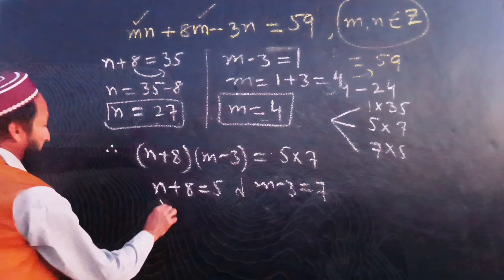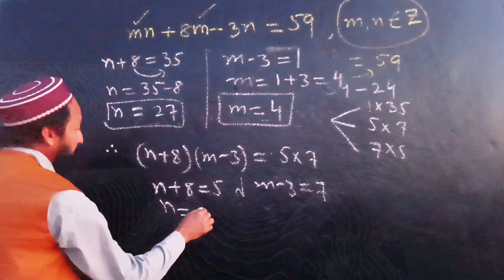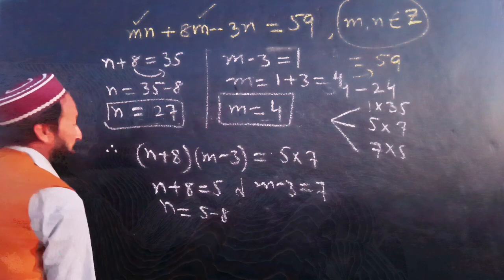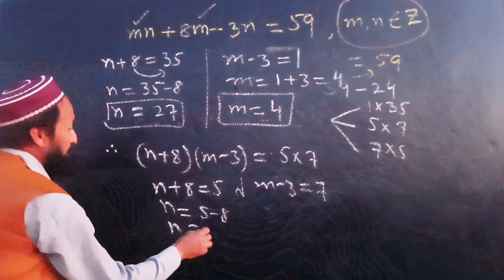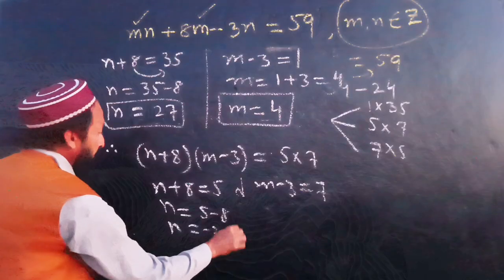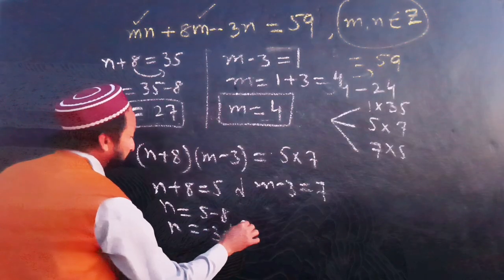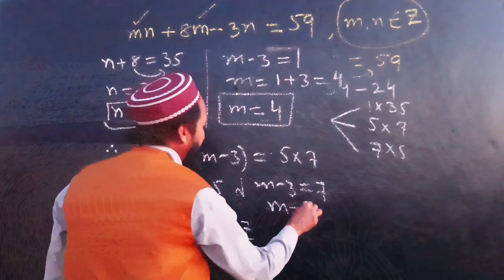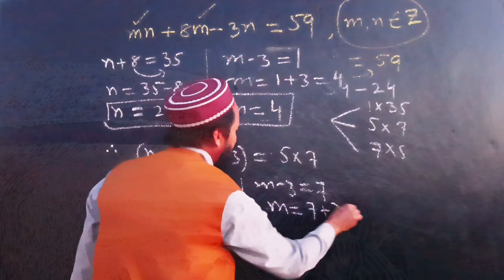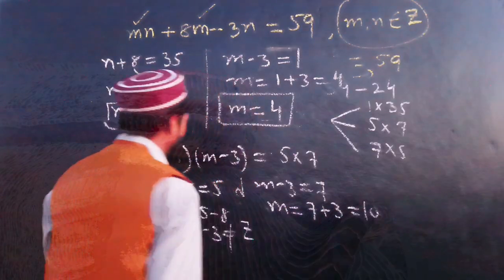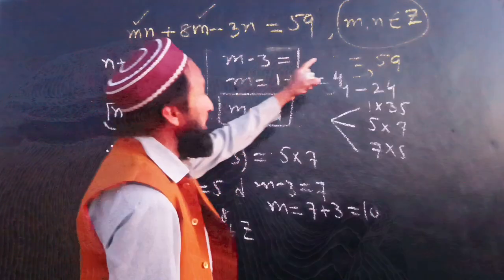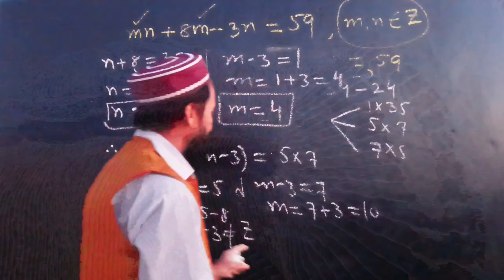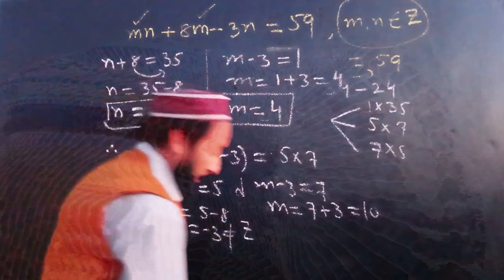Now look here, we transfer this result, 5 minus 8. So we get n is equal to minus 3, but that does not belong to positive integers. So this result is neglected. 7 plus 3, this will be 10. So m and n are both required to be positive integers, so this solution is not valid.